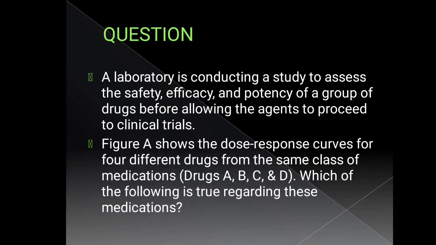Now my question is, a laboratory is conducting a study to assess the safety, efficacy and potency of a group of drugs before allowing the agent to proceed to clinical trial. Figure A shows the dose response curve for 4 different drugs of the same class of medication, drug A, B, C and D. Which of the following is true regarding these medications?